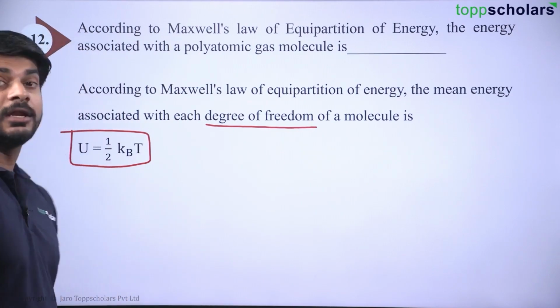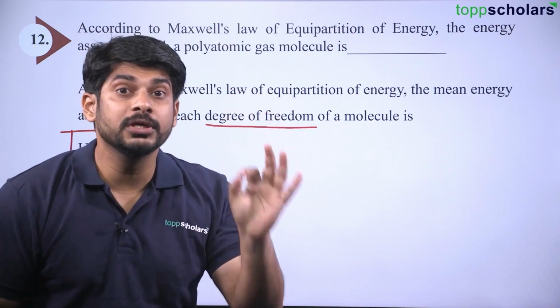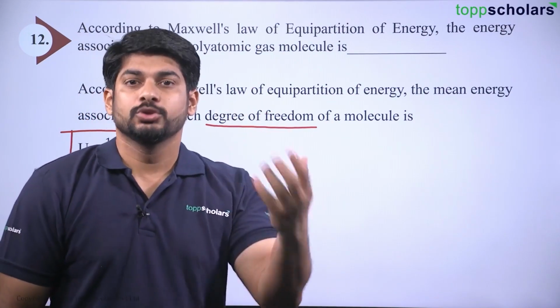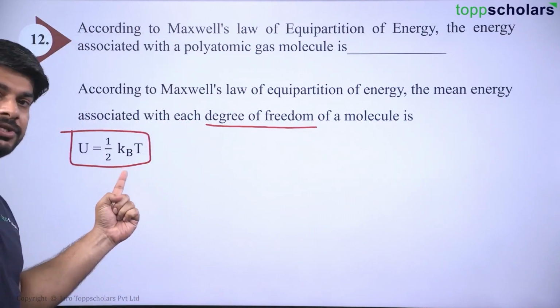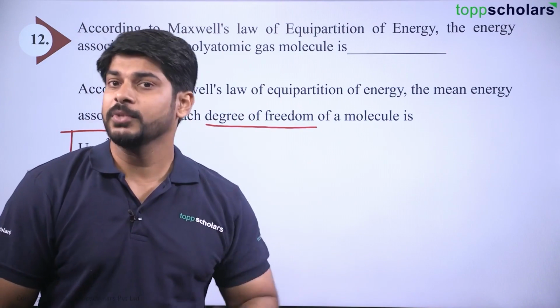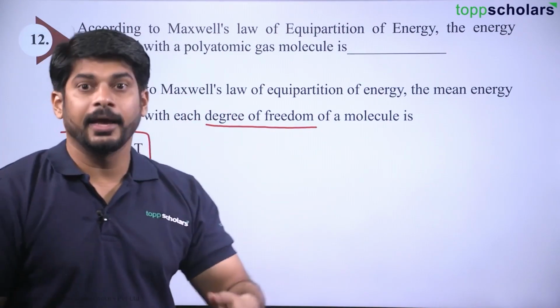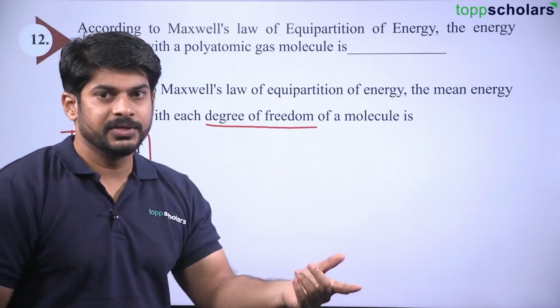So this is the energy associated with every degree of freedom of the given atom or molecule. If you have 1 degree of freedom, then this is the energy. If you have 2 degrees of freedom, then it will be twice. 3 degrees of freedom, thrice. N degrees of freedom, N times 1/2 kBT, isn't it?